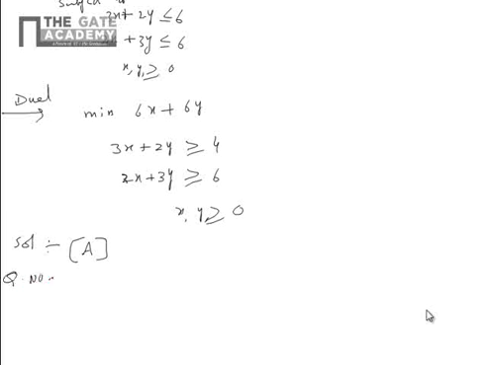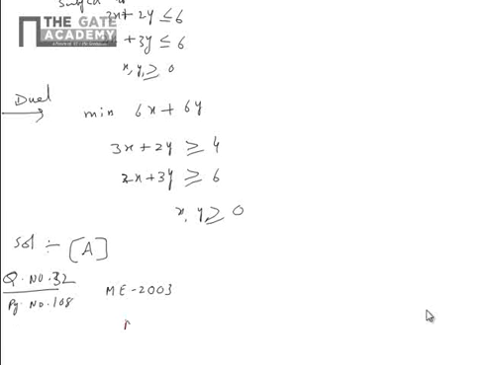Question number 32, page number 108, GATE 2003. A manufacturer produces two types of products 1 and 2 at production levels of x1 and x2 respectively. The profit is given by 2x1 plus 5x2.